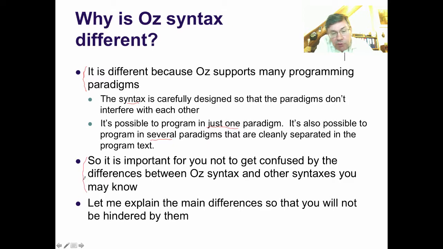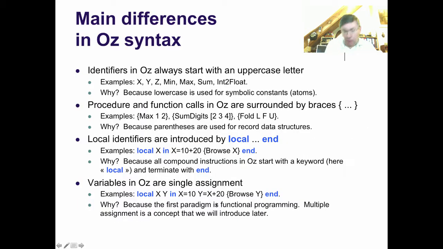So it's important for you not to get confused by the differences between Oz syntax and the other syntaxes you may know. So I'm going to summarize now the 4 main differences between Oz syntax and other syntaxes. And if you know these 4 main differences, you should not have any problems in the rest of the course.